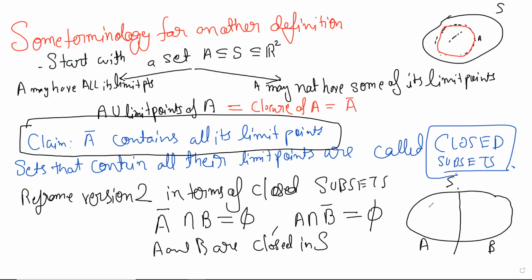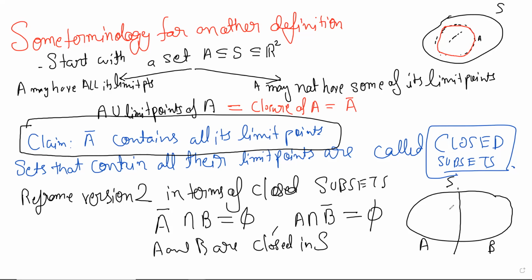Some of them may be in A itself, some may be outside A. But if it is outside A, then it is outside S. And those which are outside S, they don't exist for us. Just forget about them. So any limit point of A is in A only, not in B.